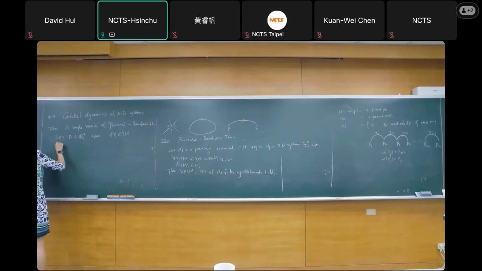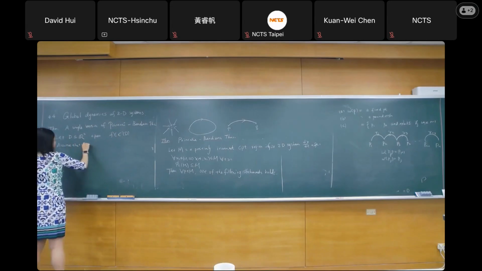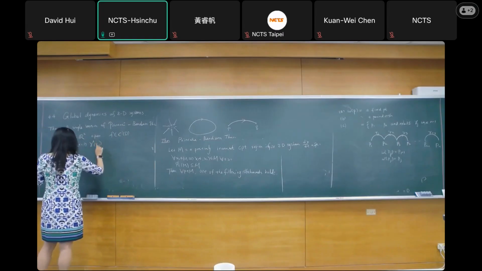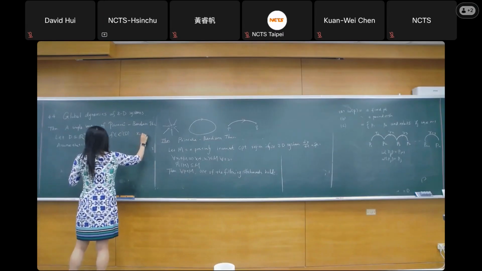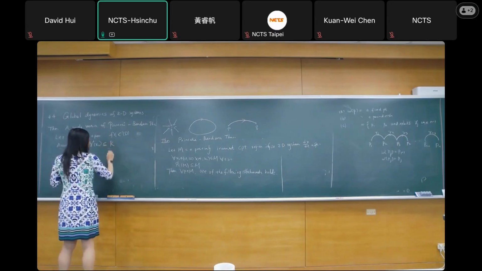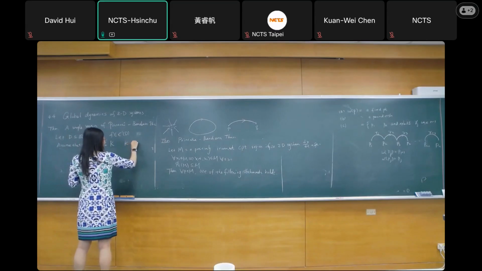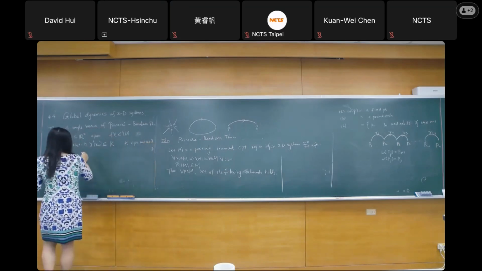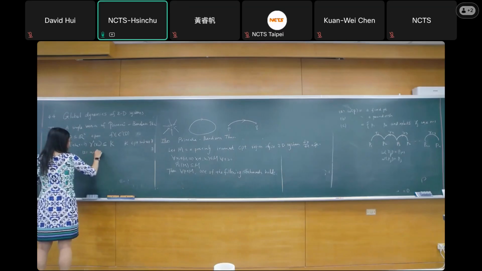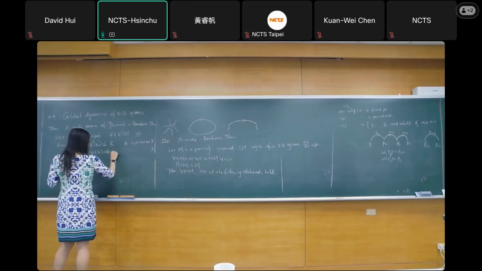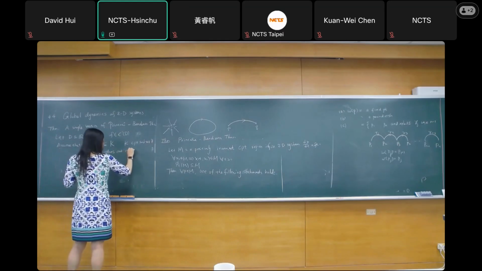And suppose the forward orbit starting with x0 is contained in a compact subset, indeed. And the omega limit set starting with x0 does not contain any fixed point.